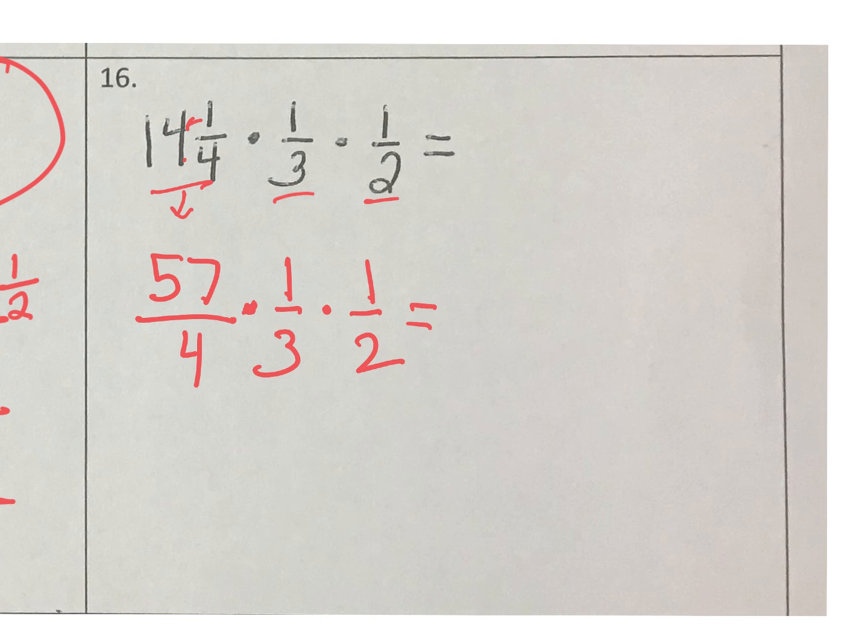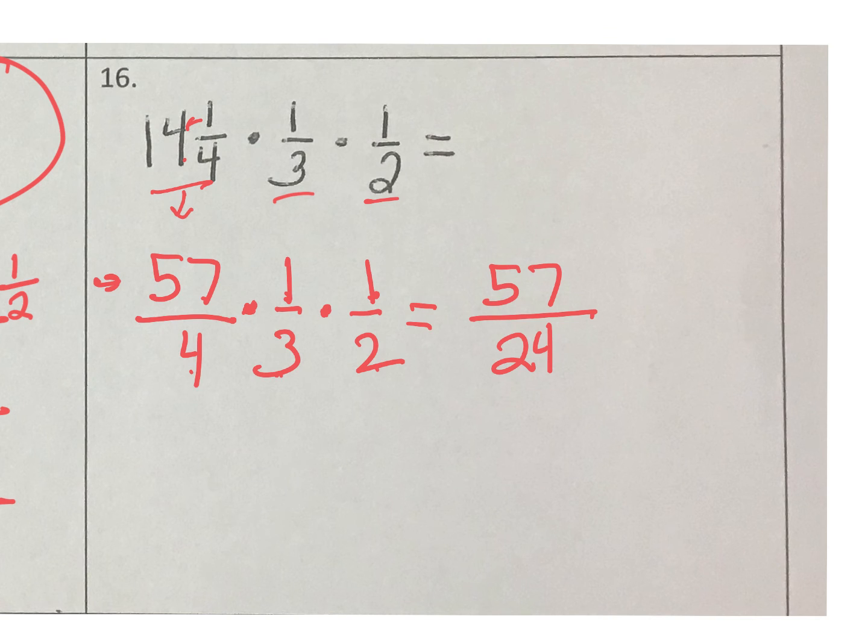Now, because this is all multiplication, I'm just going to go straight across. 57 times 1 is 57, times 1 more is 57. Okay? 4 times 3 is 12. 12 times 2 is 24.